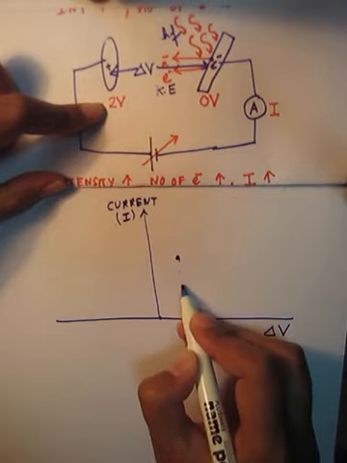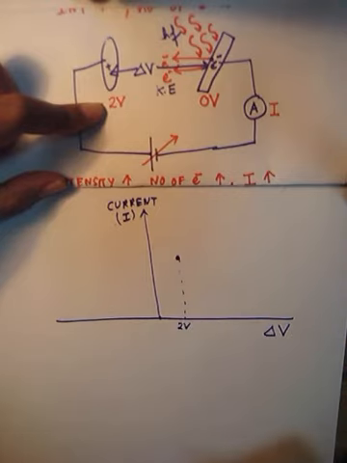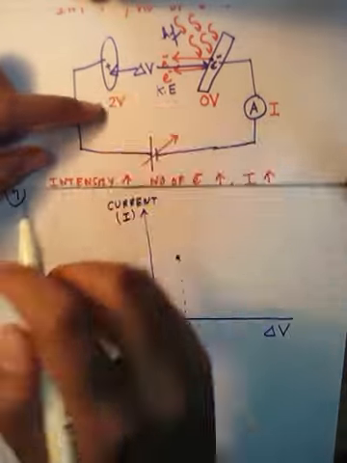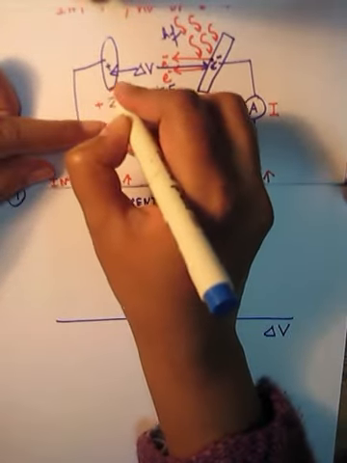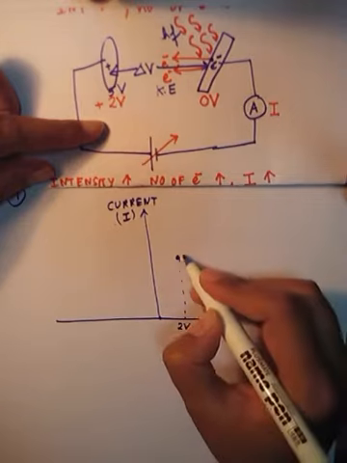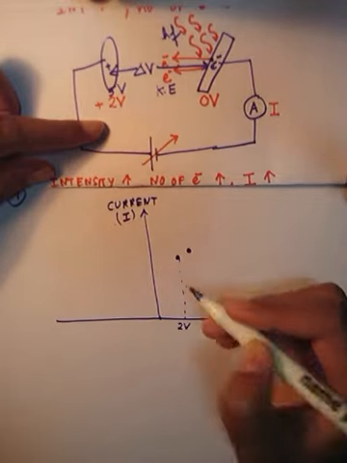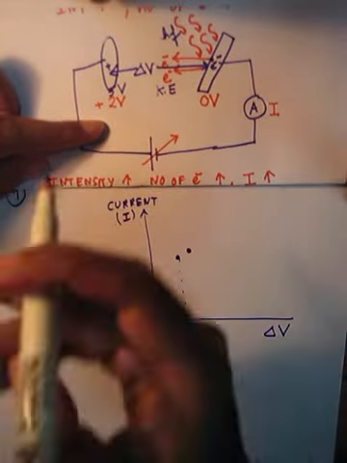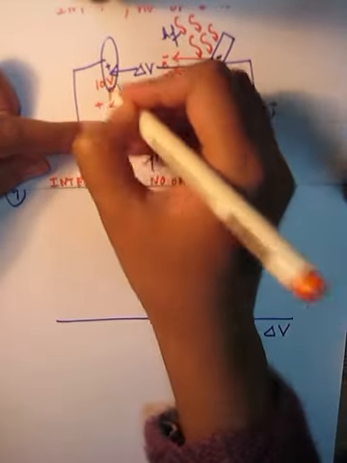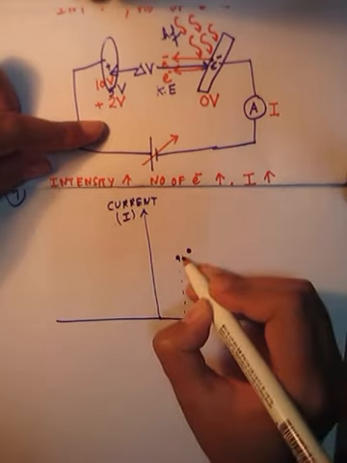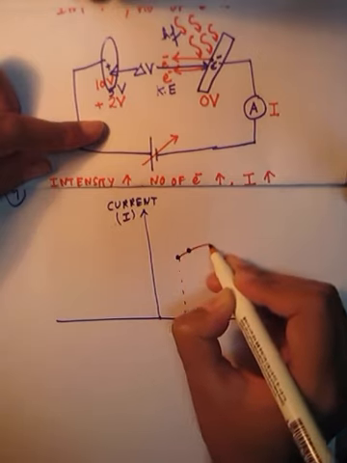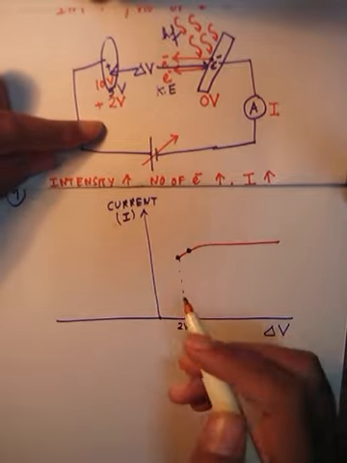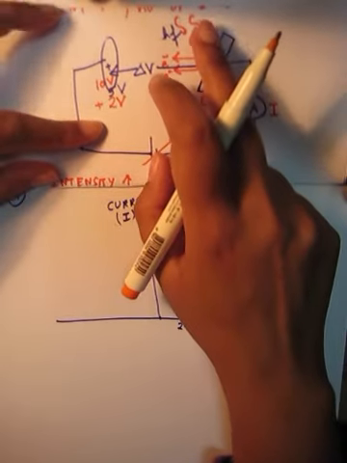Let's say this is 2 volts. Okay, and then you maybe increase this voltage. Let's say now it is 5 volts, so maybe the current will increase. Okay, now let's say it is 10 volts. Okay, and the current now doesn't increase and it becomes constant. Okay, why? Because the intensity is fixed.